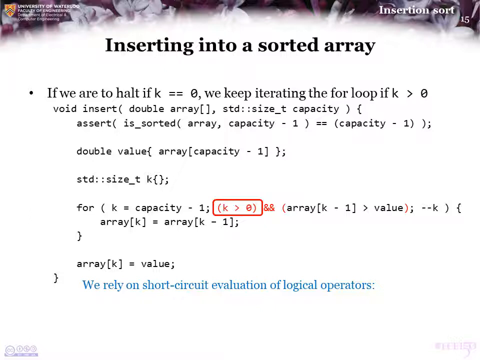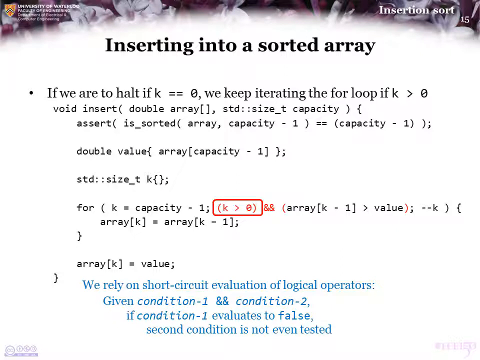So, if the first condition evaluates to false, then the second condition is not even tested. So, given condition 1 logical and condition 2, if condition 1 evaluates to false, the second is not even tested. The entire expression just immediately evaluates to false.